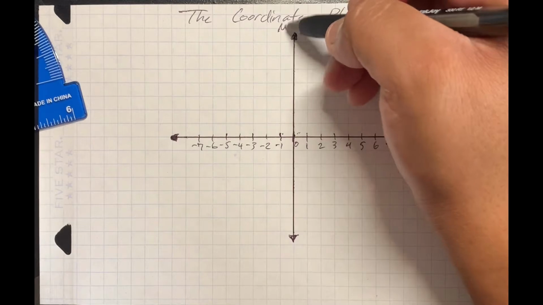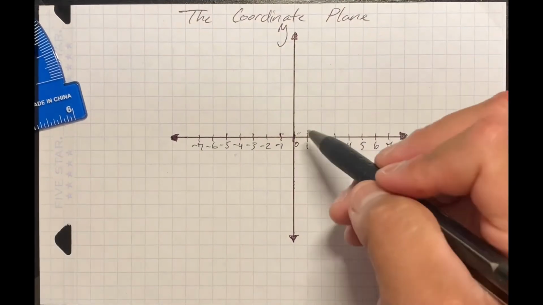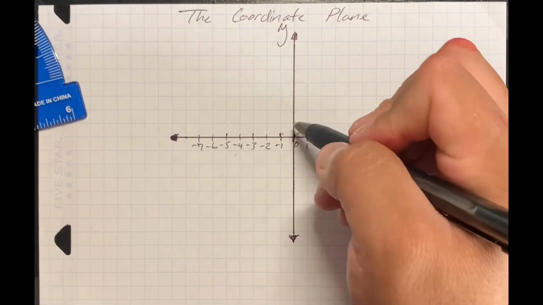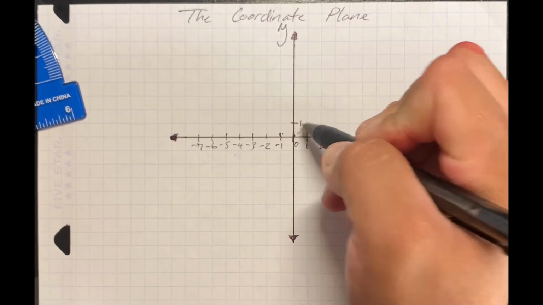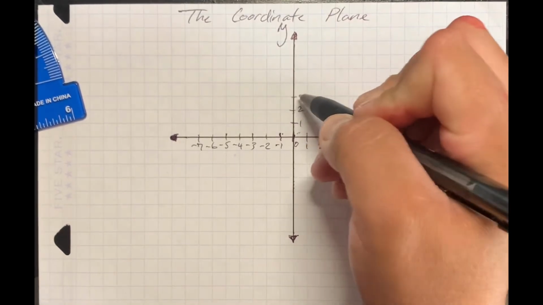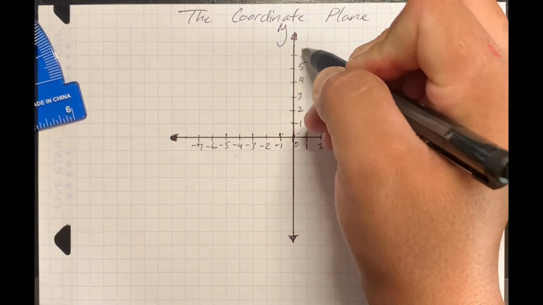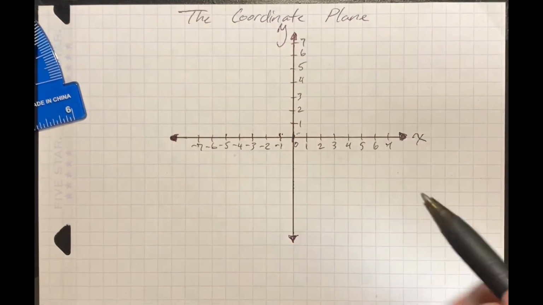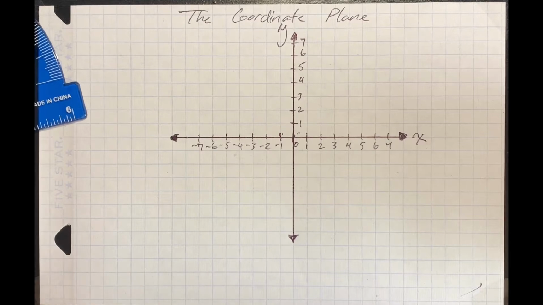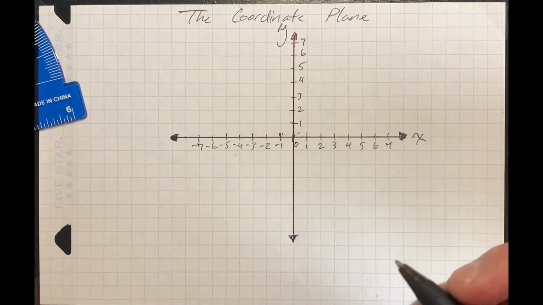And again, this is your y-axis, your vertical number line. Above the origin, above 0, you have positive integers like positive 1, positive 2, positive 3, positive 4, positive 5, positive 6, positive 7, and so on and so forth to positive infinity on the vertical number line.